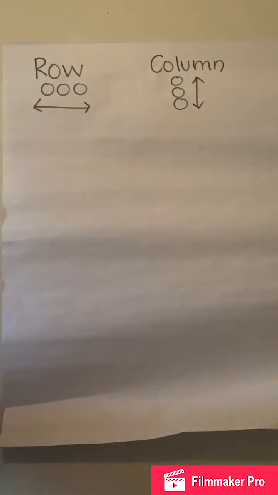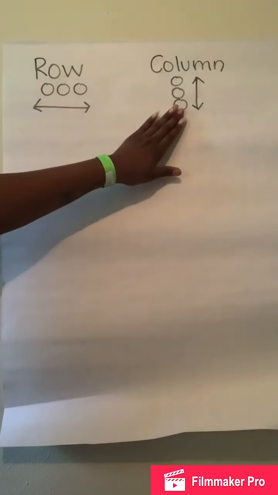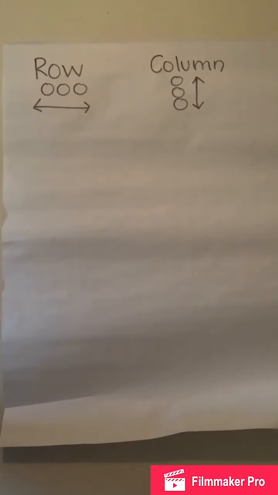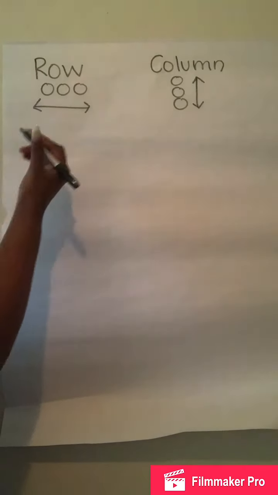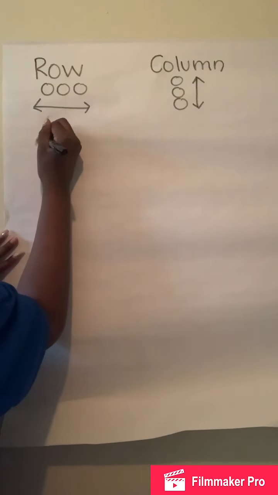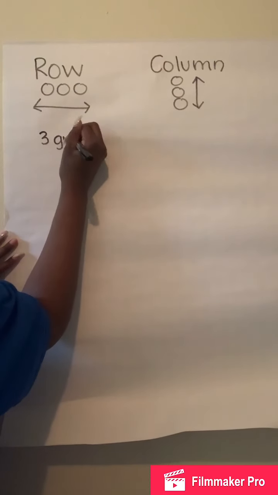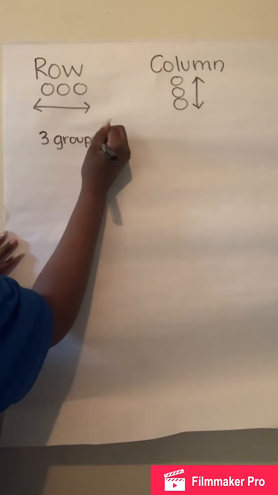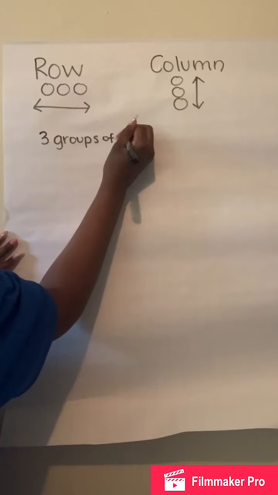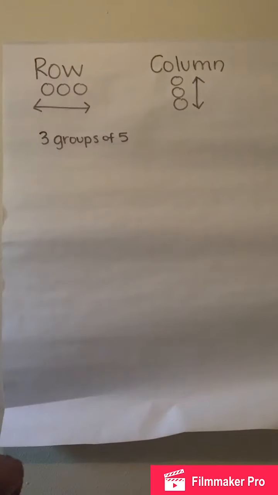When we talk about equal groups, we can form our groups using rows and columns. For example, we're going to use the problems I just mentioned, 3 groups of 5 and 5 groups of 3. They're essentially the same problem. They just look different. If I have 3 groups of 5, I can draw this 2 ways.